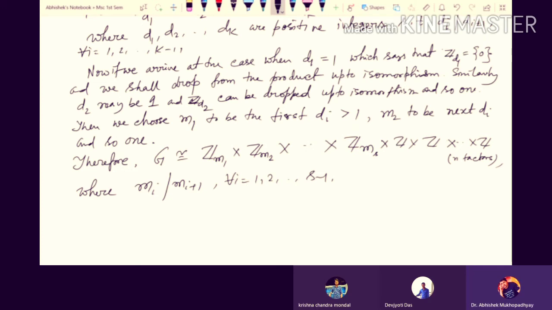And with the help of this, you can state some corollaries.